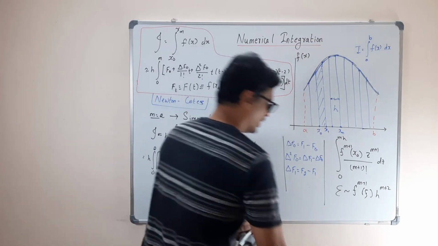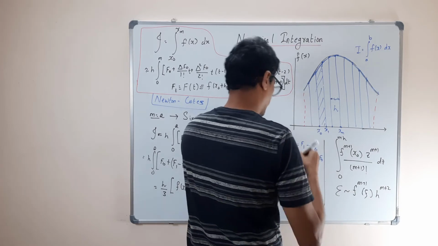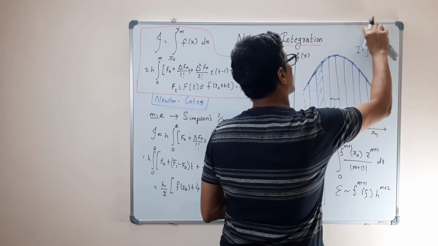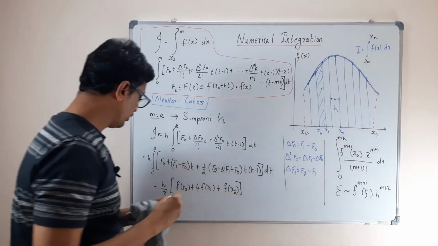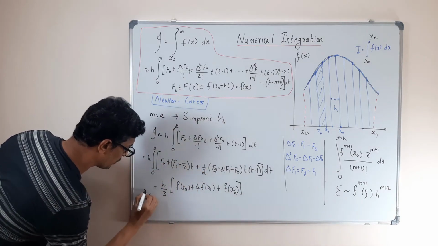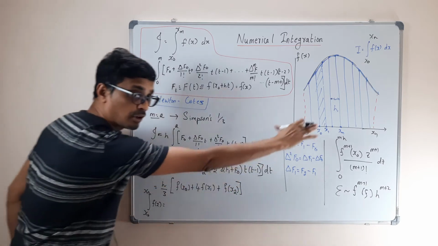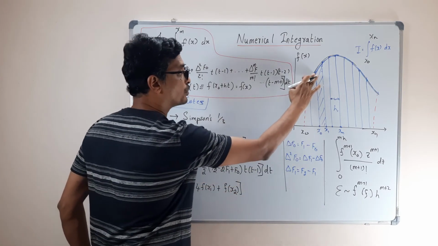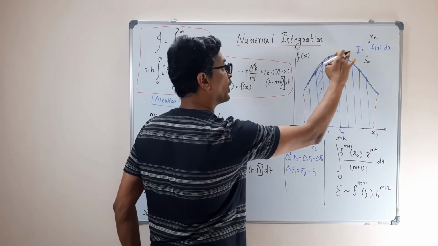So we will not write a to b, we can call this x0 to xn. So when we want to perform the integration from x0 to xn of f of x, we keep adding for all the elements: x0, x1, x2, then x2, x3, x4, then x4, x5, x6.